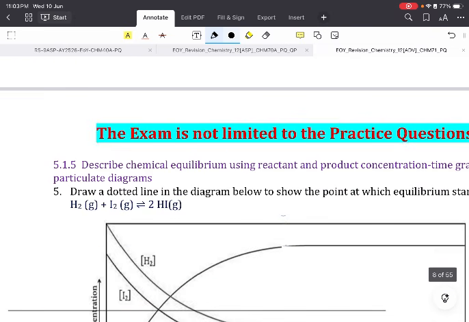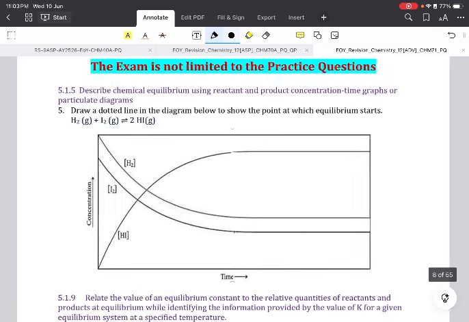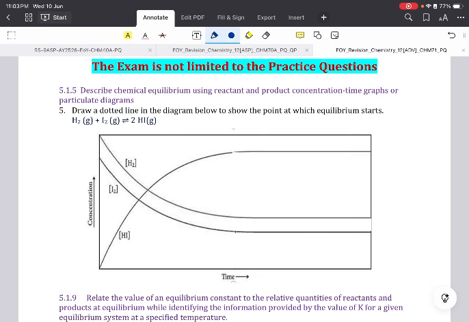Moving on, draw a dotted line in the diagram below to show the point at which equilibrium starts. Now, if I look at this equation, at this point, the lines became straight. It means that the concentrations stopped changing.